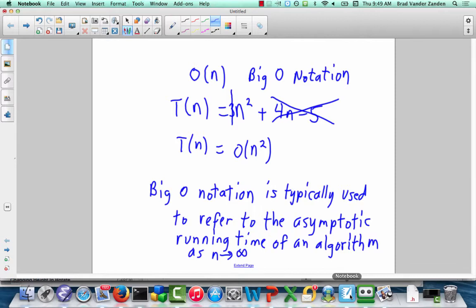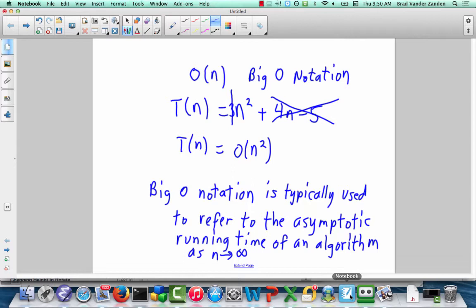Which means the insignificant terms like 4n minus 5 go to 0 in this. They don't go to 0, but when compared with n squared, they get very small.